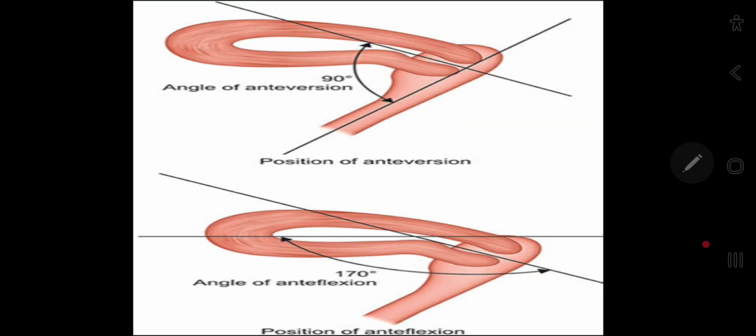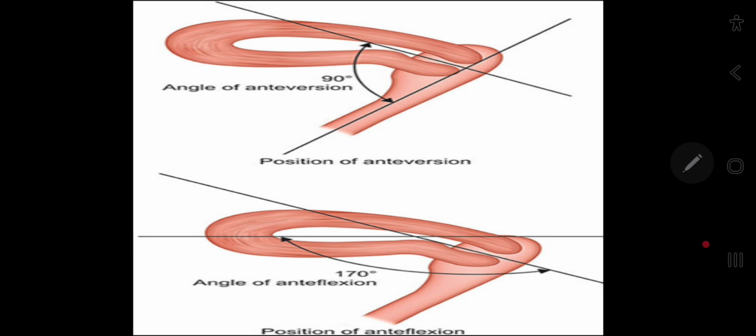As demonstrated in this picture, the angle of anteversion is almost 90 degrees, between the uterine cervix and the vaginal axis, while the anteflexion angle is 170 degrees, between the uterine body and the uterine cervix.